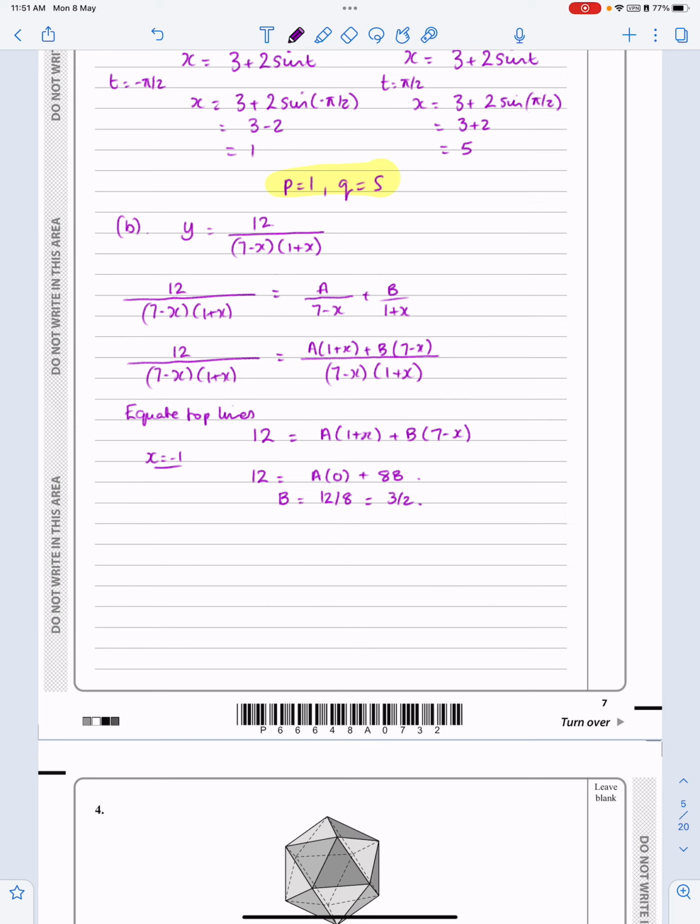Now let's get rid of the B. So I'm going to choose x equals 7 here. That will give me 12 equals A times 8 this time, and nothing times B this time. So A will also work out to be 12 over 8, which is 3 over 2. Make sure I do my final answer.